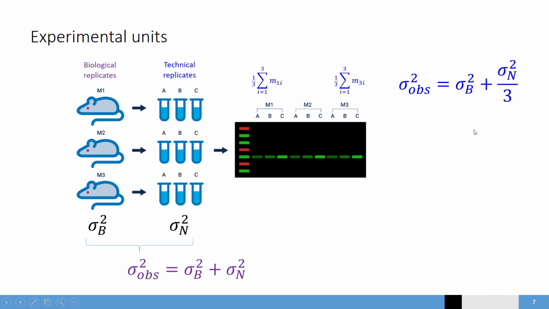So the variance of the average is the biological variance plus the noise variance divided by 3.